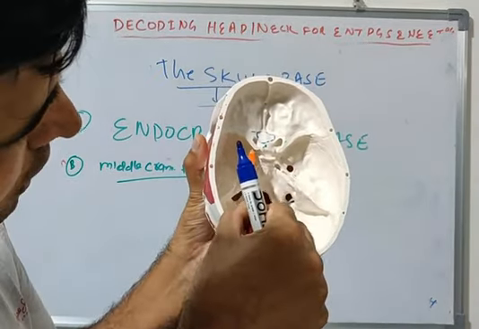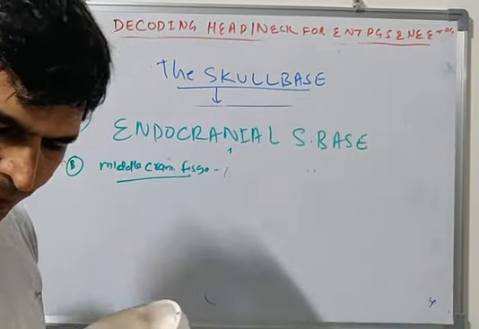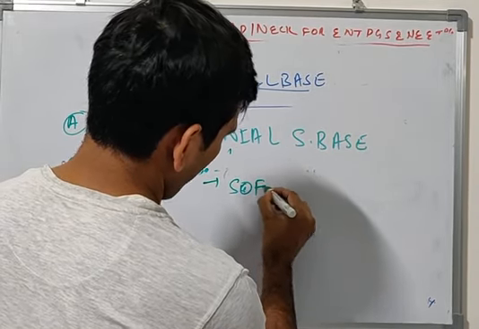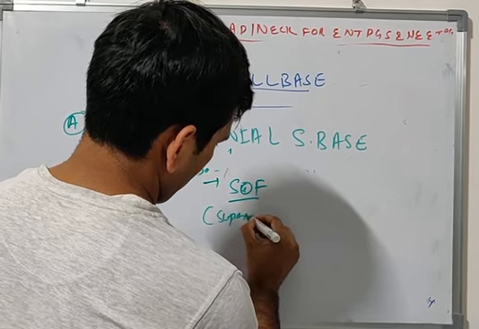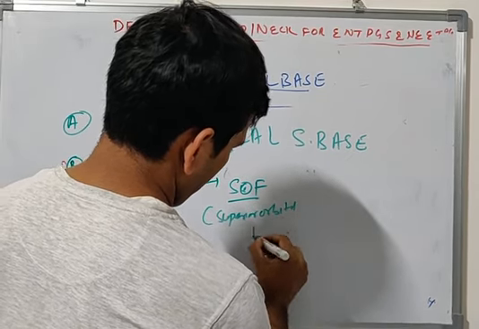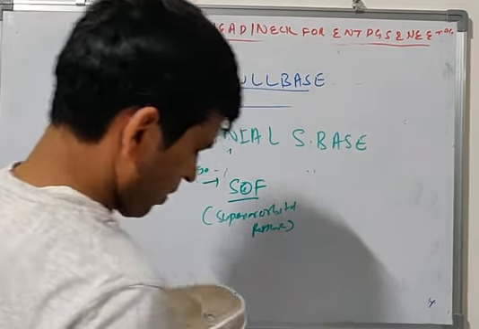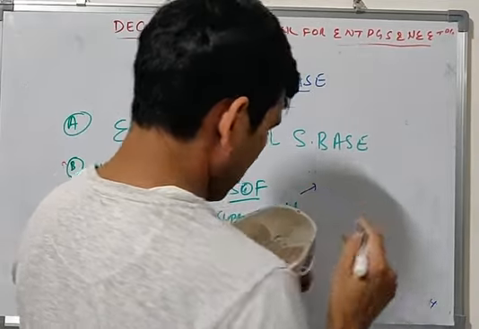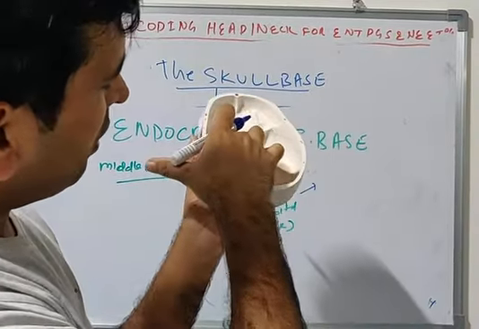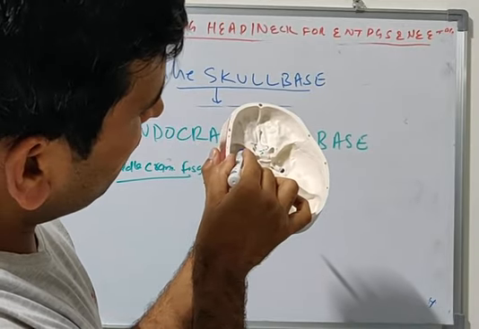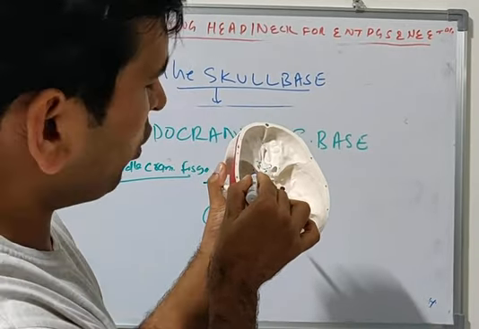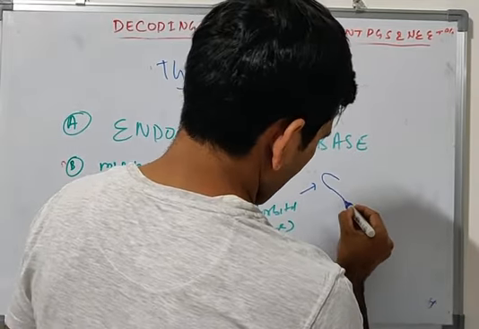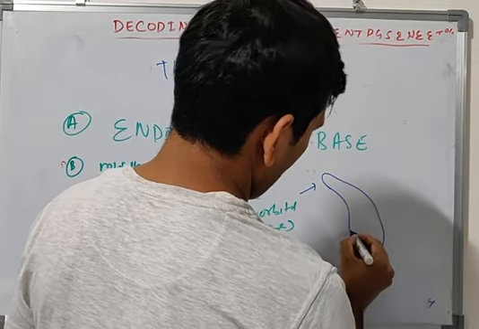This is the superior orbital fissure, with the lateral part and the medial part.